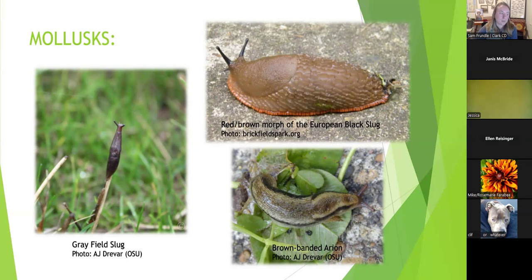So we've got the European black slug that is also sometimes just brown with that orange bottom. And then we've got the brown banded and the gray field slug. These are devastating to agriculture too. So if you think they're bad in your yard, try a farm when they've just come in and they can just mow everything down. It's unfortunate.